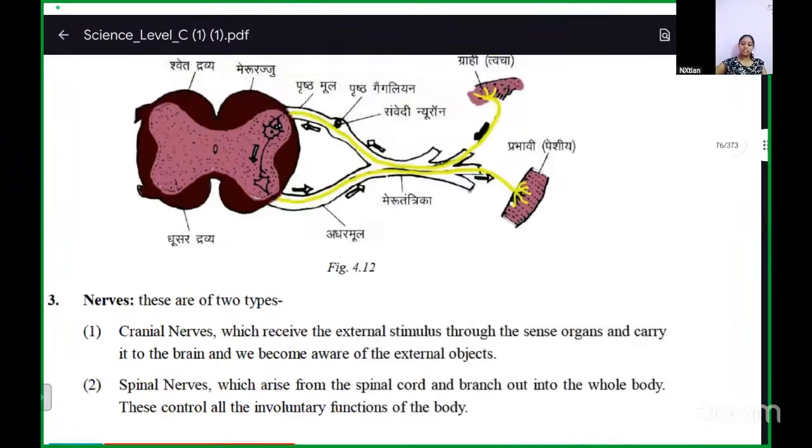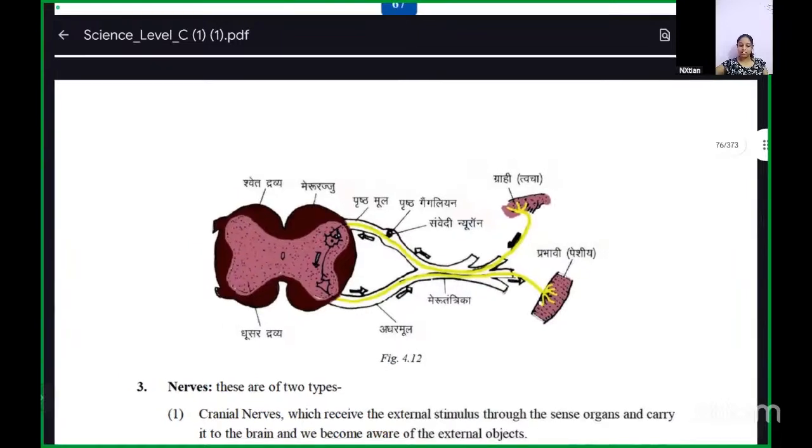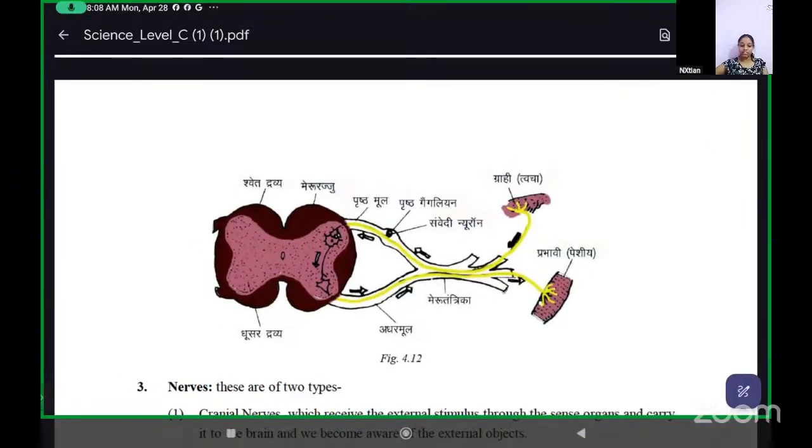The diagram that is there is the diagram of a neuron. Shall I show you this diagram in English? One second. Right now, the diagram that I showed you was of reflex action.